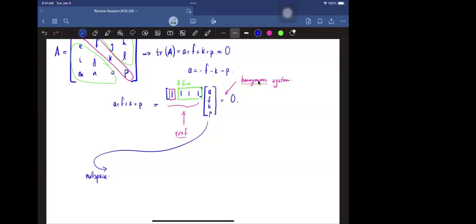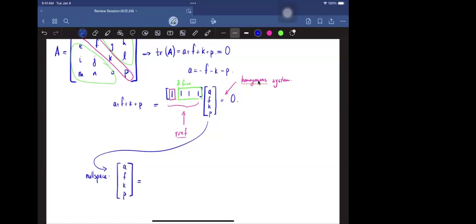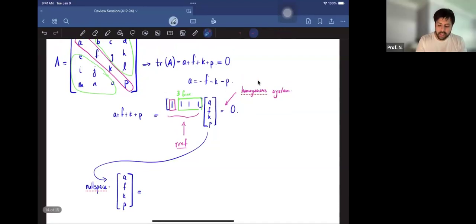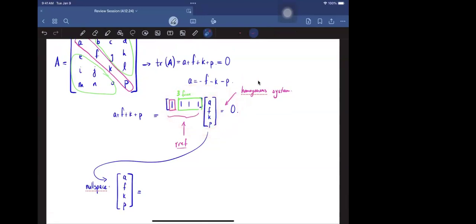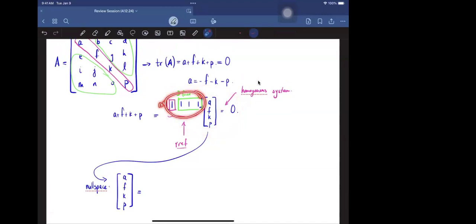It looks like A, F, K, P. That's what the vector is going to be. So implicitly, when I write here, I'm saying that this is in the null space of this matrix. It's a 1 by 4 matrix.